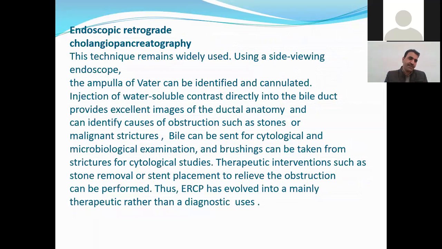So the MRCP is more important than CT in diagnosing biliary lesions, especially benign lesions, stone, stricture, dilatation, congenital abnormalities.